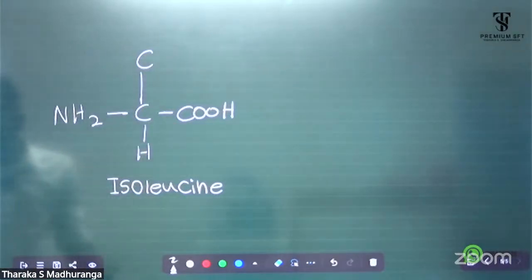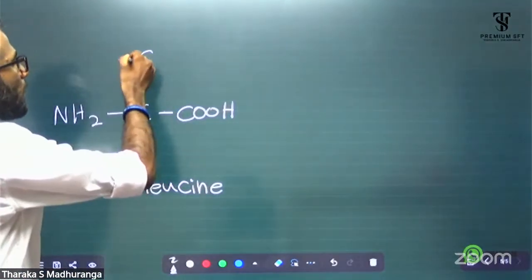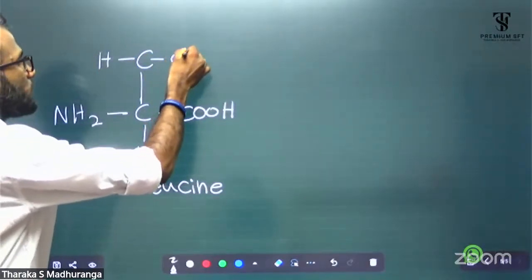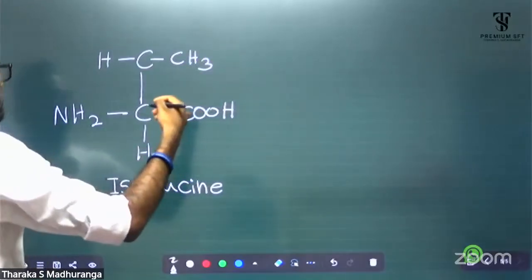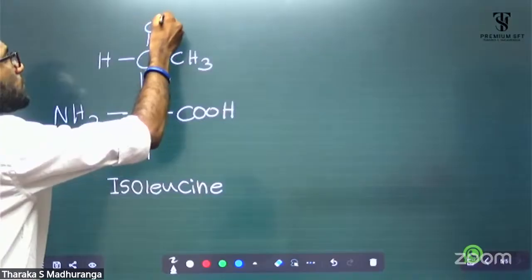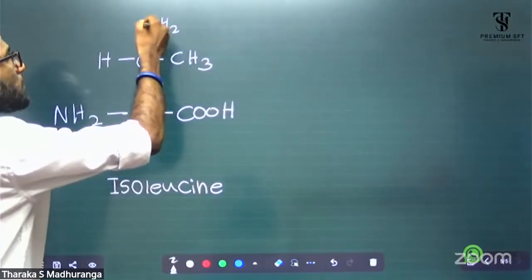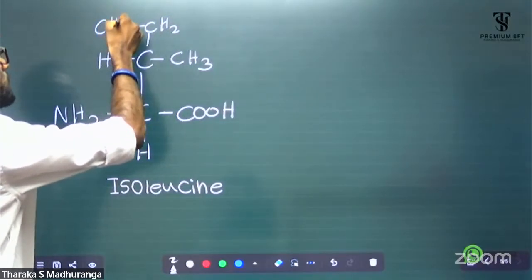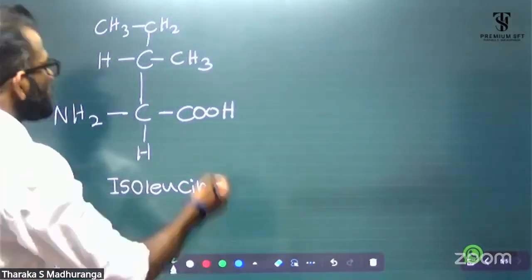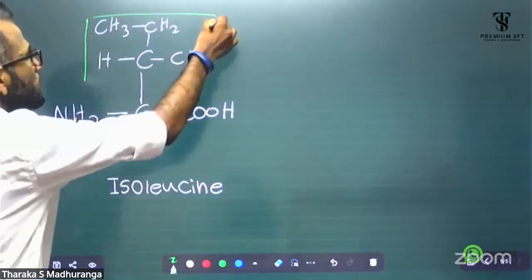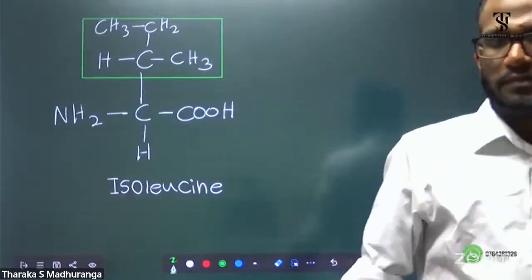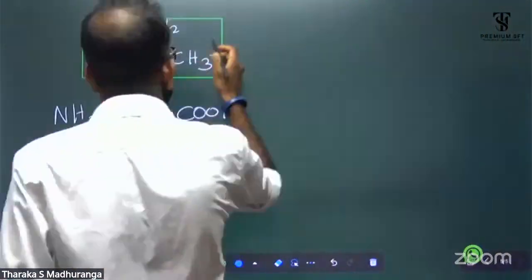Okay, C, hydrogen, CH2, so this is CH3, CH2, CH3. A bit complex. Okay, this part is the R carbon chain, a bit complex R carbon chain. This is R.